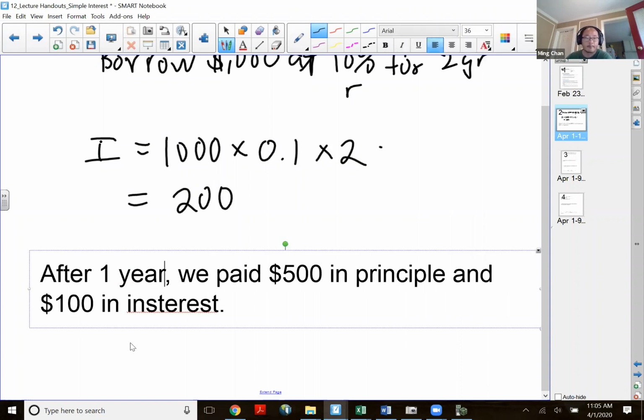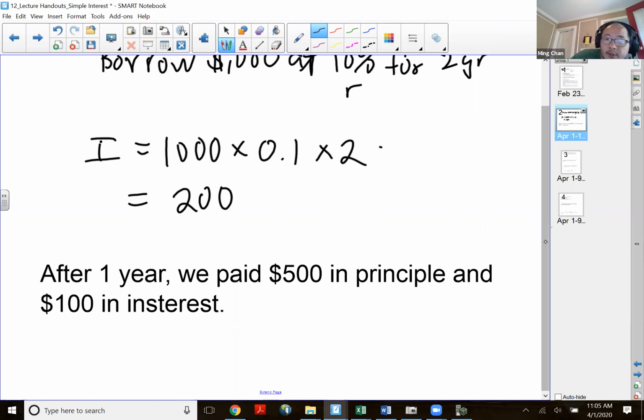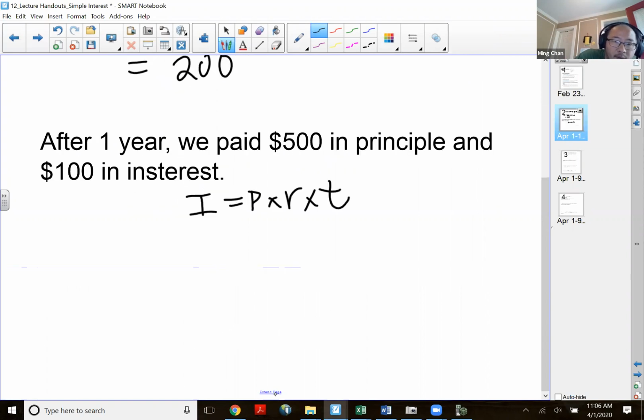So after 1 year, I equals principal times rate times time. After 1 year, I still owed $100 in interest. I still owed $500 in principal, and I still have 1 more year to go. So what should my interest rate be?